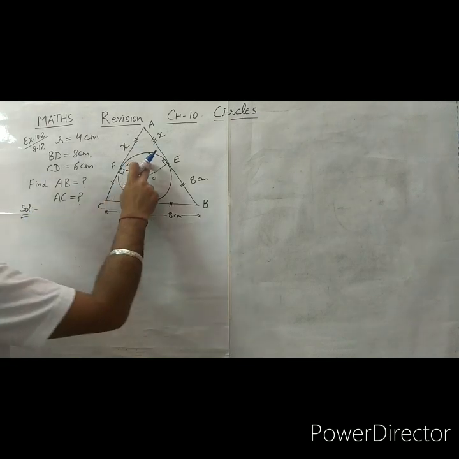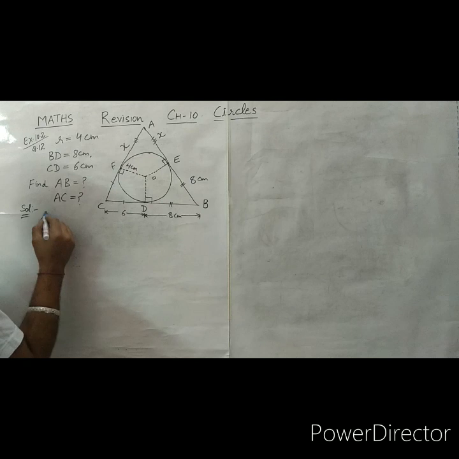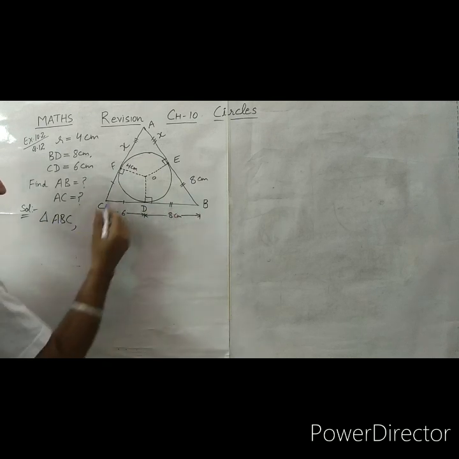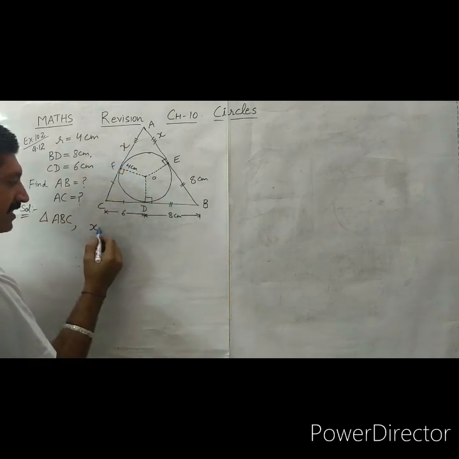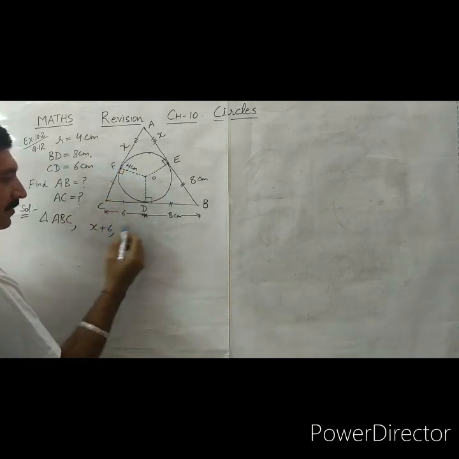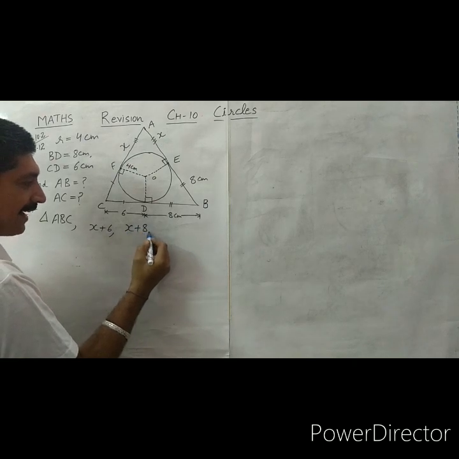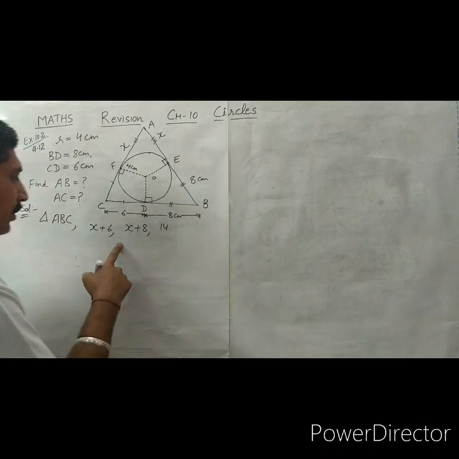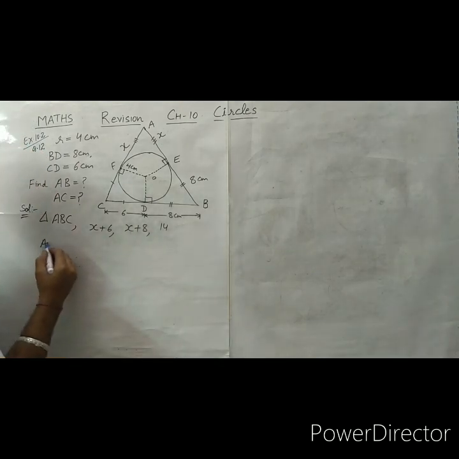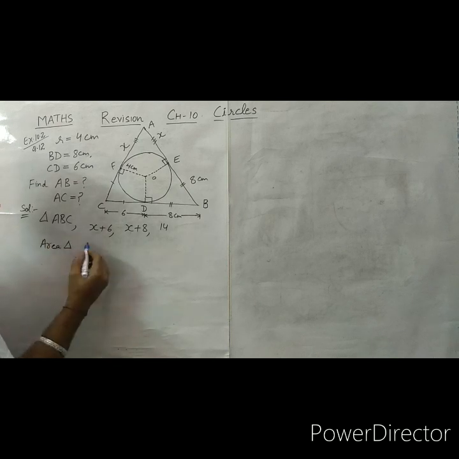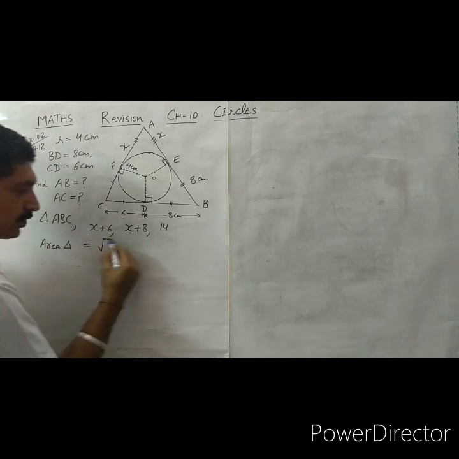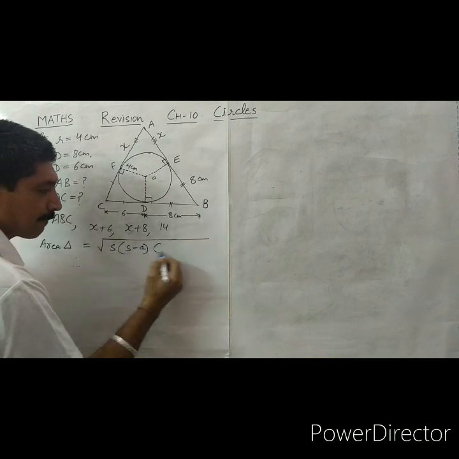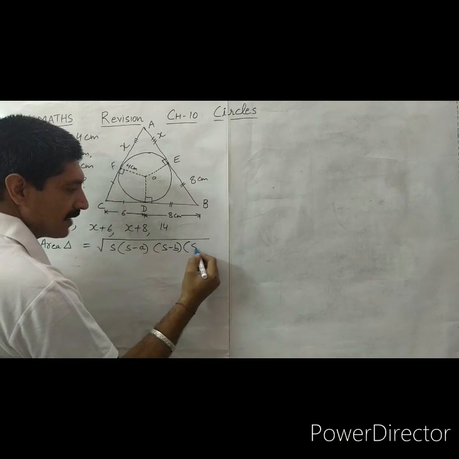So in triangle ABC, the sides of the triangle are x plus 6, x plus 8 and 14 centimeter. According to Heron's formula, the area of a triangle is always equal to under root S into (S minus A) into (S minus B) into (S minus C).